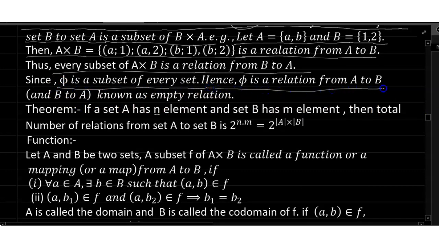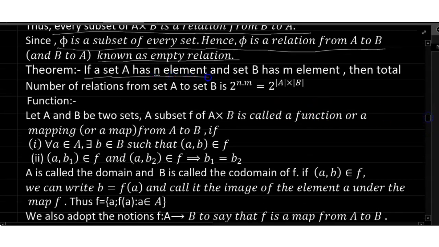Hence, phi is a relation from A to B, known as the empty relation. Theorem: if set A has n elements and B has m elements, then the total number of relations from A to B is 2 to the power nm, that is, 2 to the power of the size of A cross B.